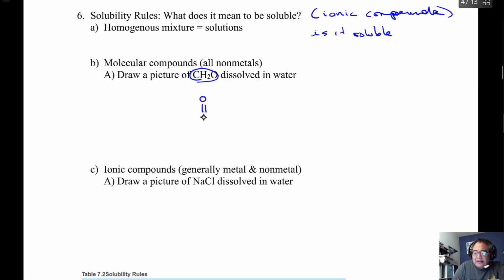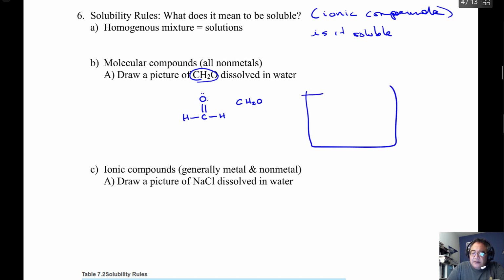Formaldehyde doesn't have a metal in it. It has this structure that looks like this, and you don't need to know that structure yet, but you'll learn how to draw it eventually. We generally abbreviate it as CH2O. If you had a container with water in it and you put some formaldehyde in it, the CH2Os would stay together like this and float around inside the H2O as a homogeneous solution. So they'll dissolve, but they won't break up into ions.